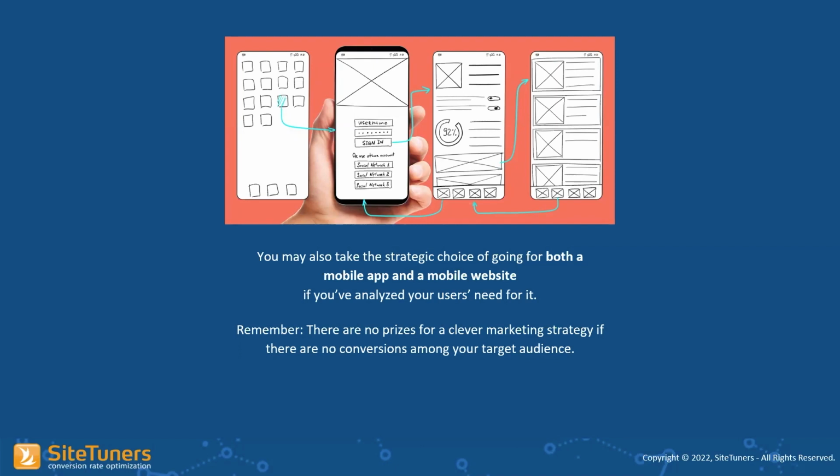So make sure that whatever you do on mobile is absolutely optimized. And then if you have a following that makes sense, then you should develop a mobile app in addition.